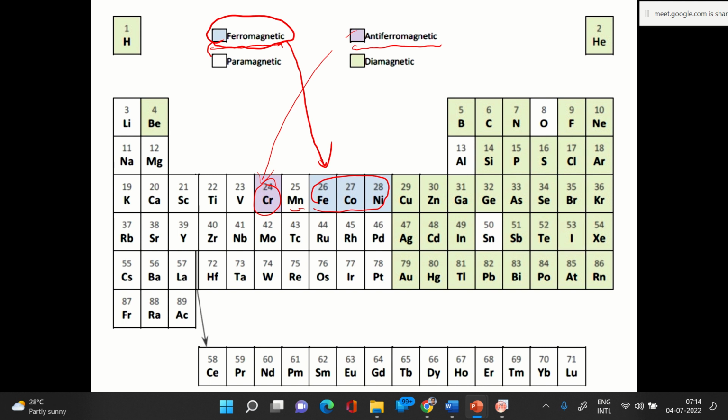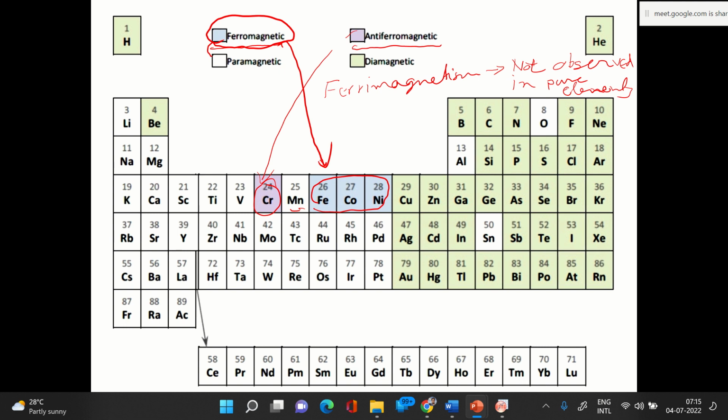Ferrimagnetism is not observed in pure elements. There is also another type of magnetism called ferrimagnetism, but it is not observed in pure elements. So this we will talk about later.